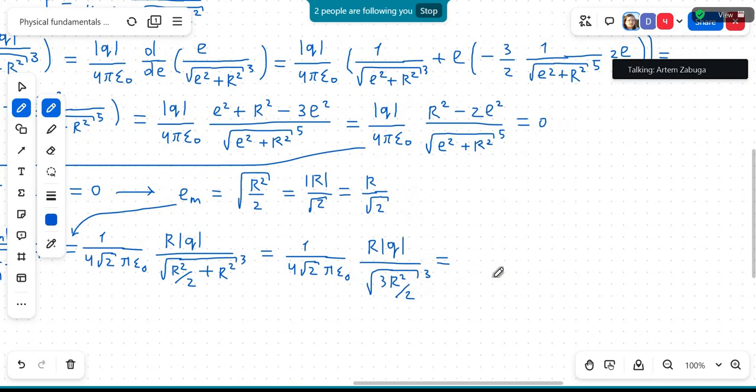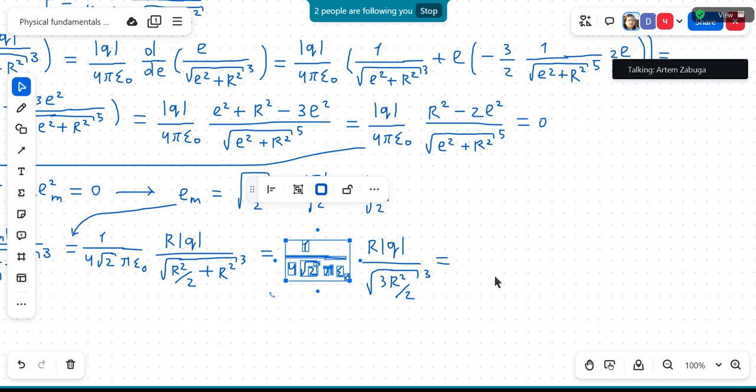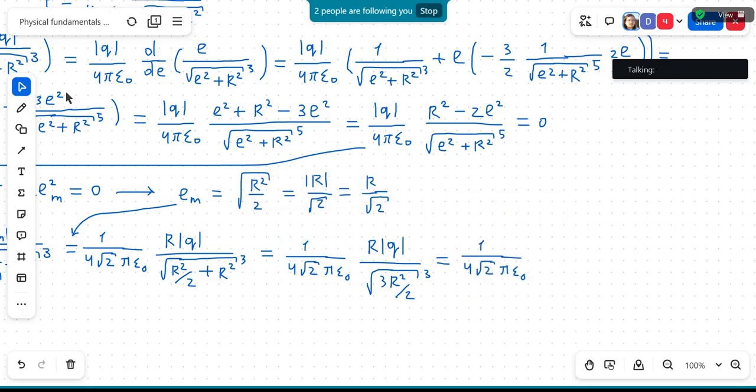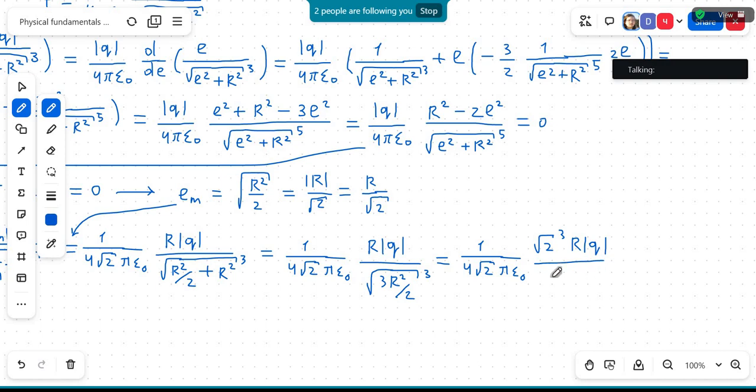Okay, let's do the next step. Here we will have the same situation, and square root of 2 to the power of 3, r, absolute value of q, divided by the square root of 3 to the power of 3, and here the absolute value of r to the power of 3.